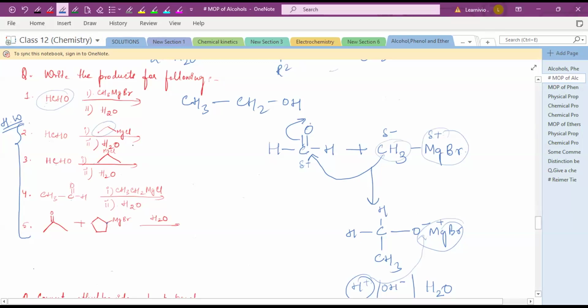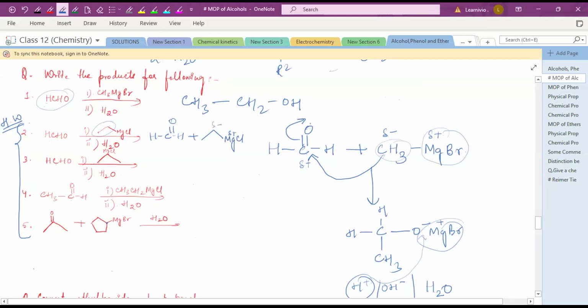Okay, let's understand the mechanism, because you didn't join the class yesterday. So let's understand how you get this one. Suppose this is your HCHO, plus this is your MgCl. This magnesium will acquire a partial positive charge and this carbon will get a partial negative charge.